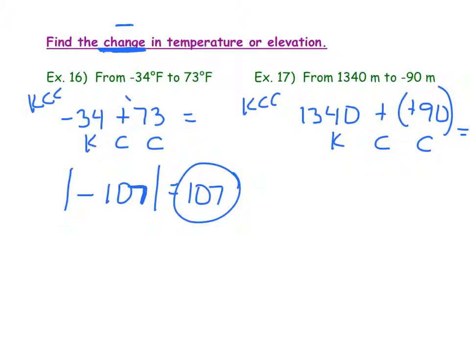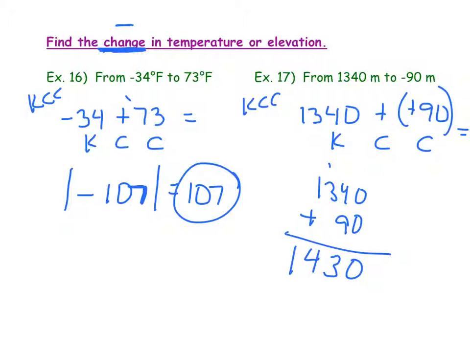So the difference in temperature would be 1340 plus 90. I apologize for my handwriting, it's not always the best. So the difference between positive 1340, all the way down to a negative 90 meters would be a change of 1430.